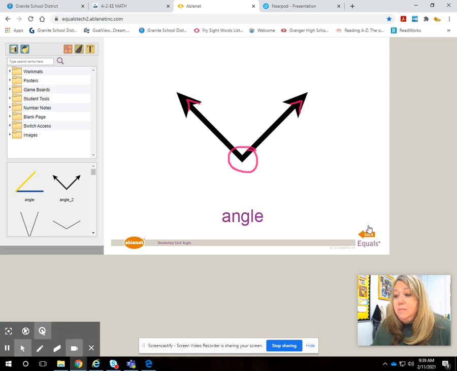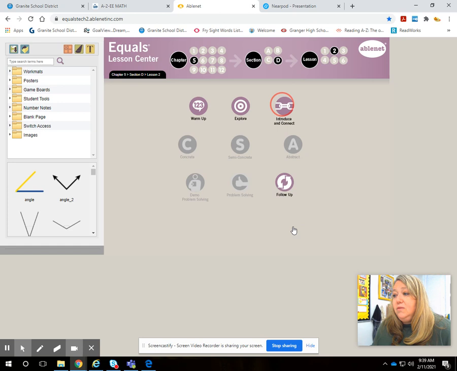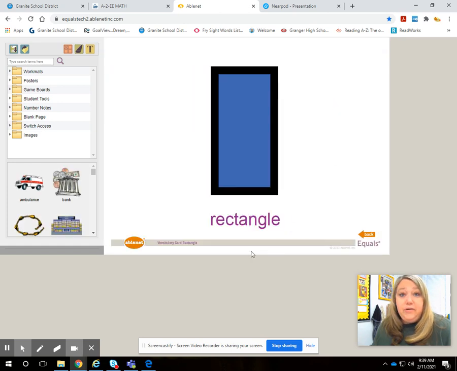Okay, so let me go back here and we'll go to our new vocabulary word, which is rectangle. I want to point out that a rectangle has angles in it. You can see that we have an angle right here. There's two lines and they're joined at a vertex right here. The angle is right there. We have another one right here, another angle, and another vertex.